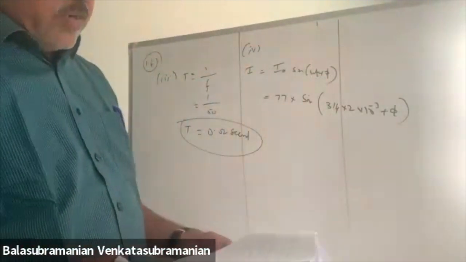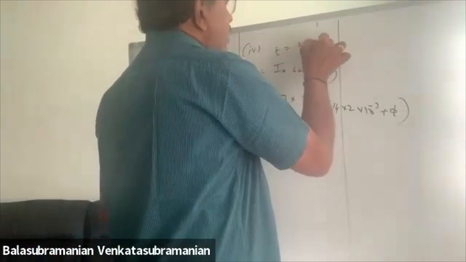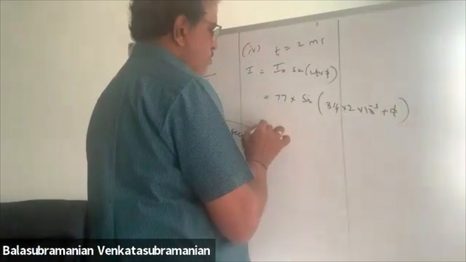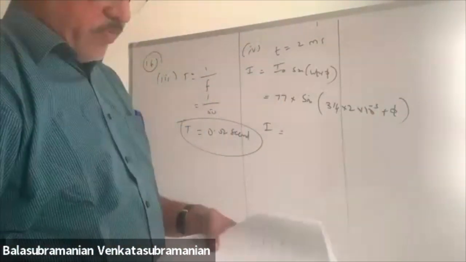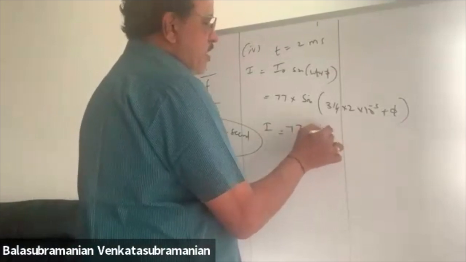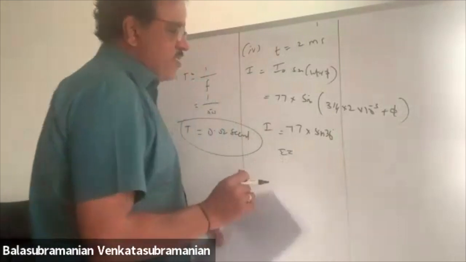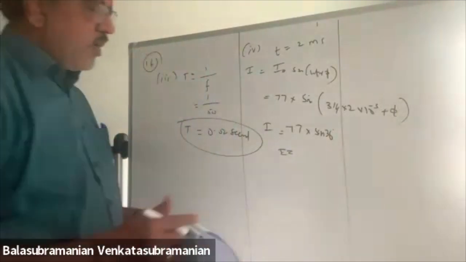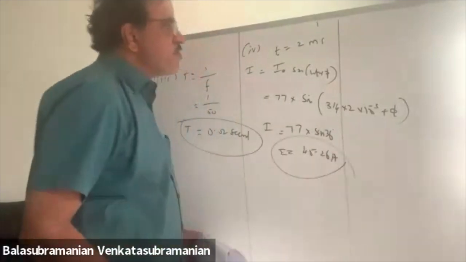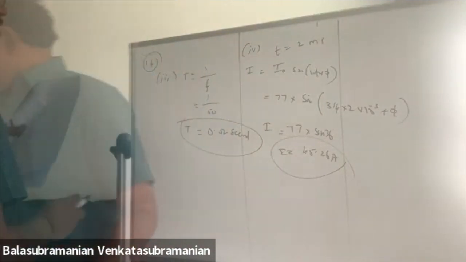Why 314 into 2? Time is 2 millisecond. T is 2 millisecond, so I am putting 10 power minus 3 here. Pi already, you know. Okay. Simplify, 77 sin 36 degree. Calculate this sin 36 into 77, 45.26 ampere. Correct? Straight substitution.